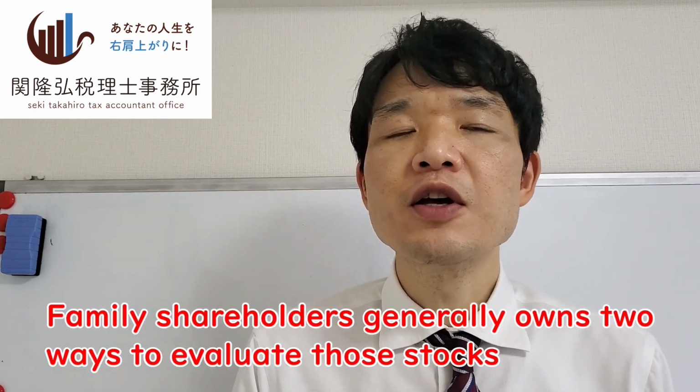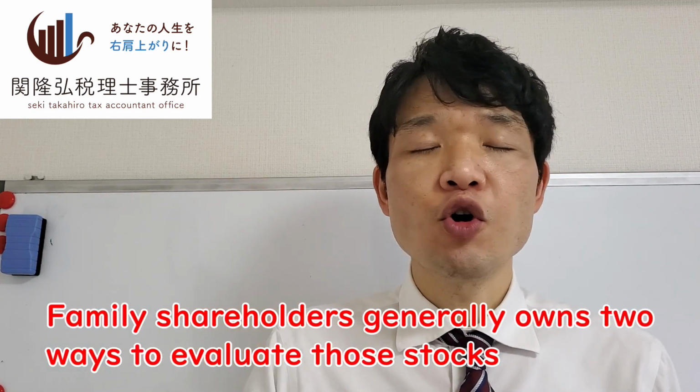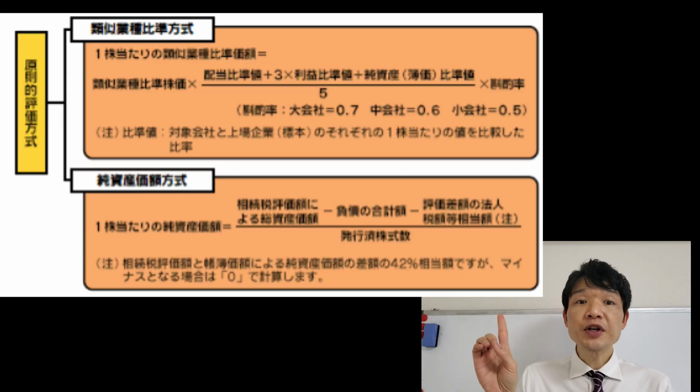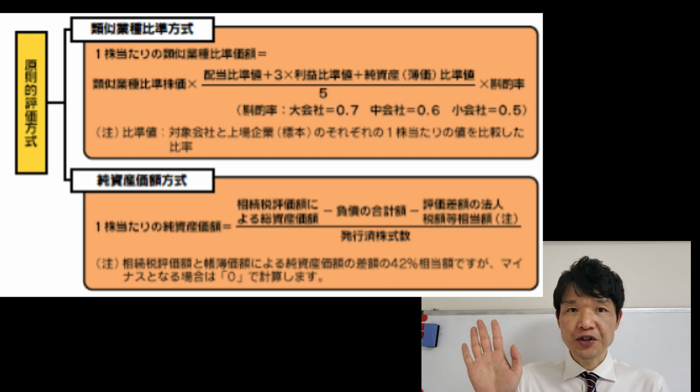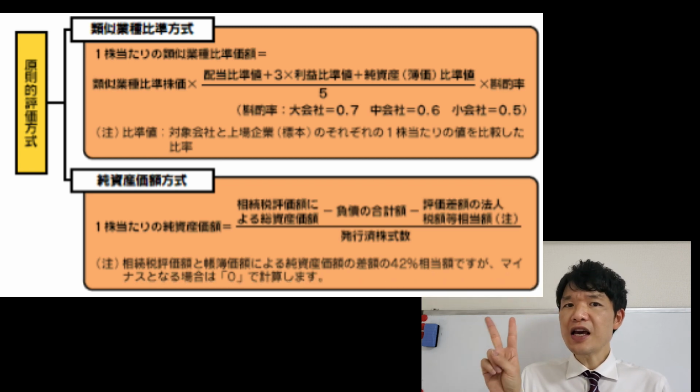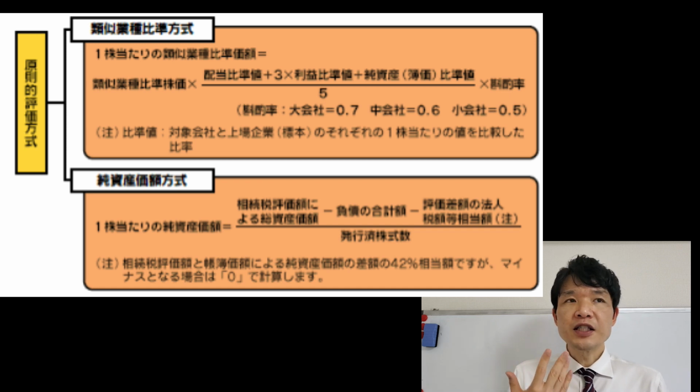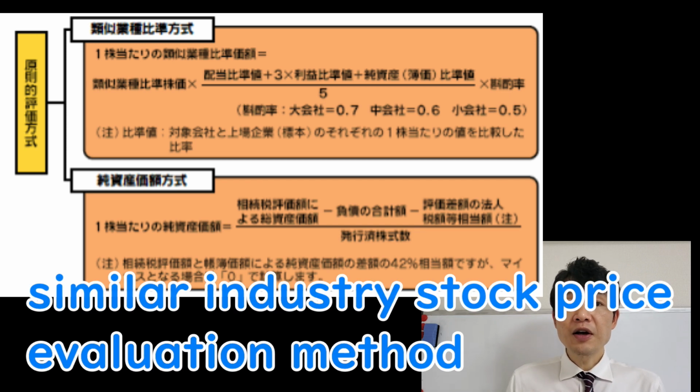For family shareholders, there are two ways of evaluating those stocks. The first is the net asset evaluation. The second is the similar industry price evaluation.